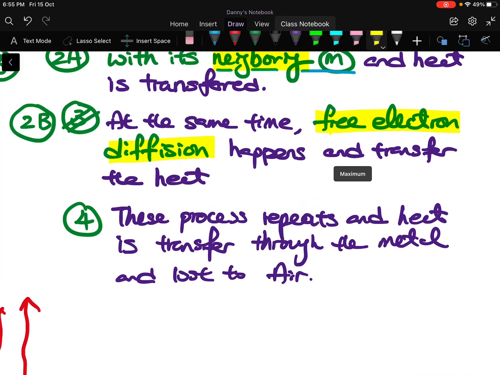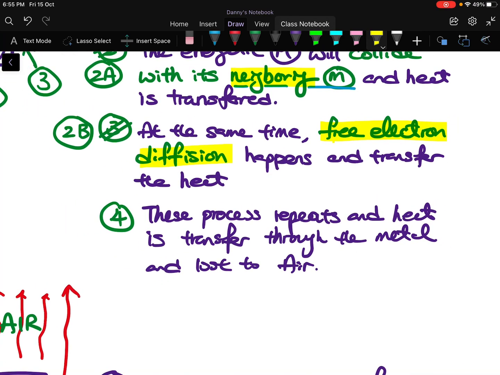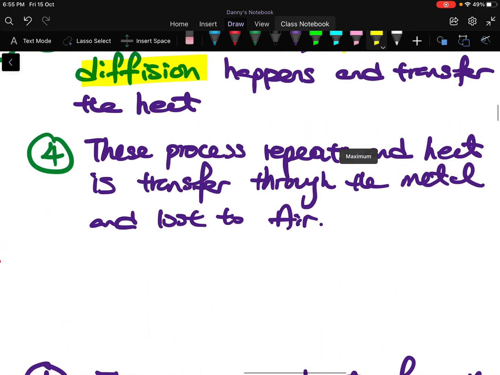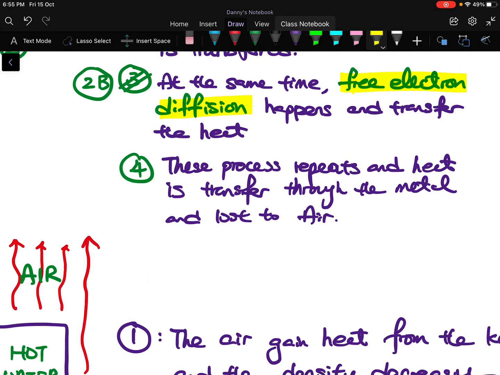This will allow your marker to understand that, hey, this person knows that this will happen, okay? And of course, step 4 is the final conclusion that these processes will repeat. What do these processes mean? This means your process 2A and your process 2B, okay? So these processes will repeat, and the heat is transferred through the metal and lost to the air.